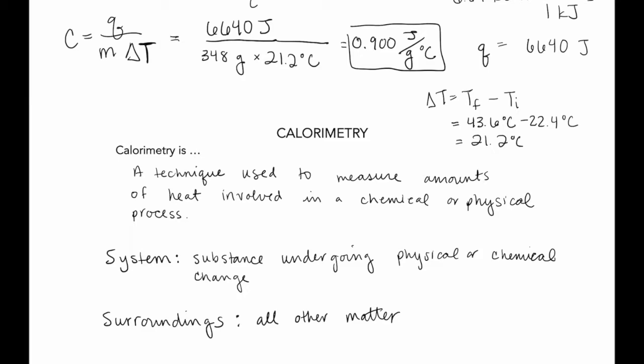If a system is releasing energy, the surroundings will absorb that. Or if a system is absorbing energy, then the surroundings are kind of the reservoir of energy that the system is taking from. So we're going to look at a figure that's going to help us with this, but I wanted to first lay out these definitions, system and surroundings.